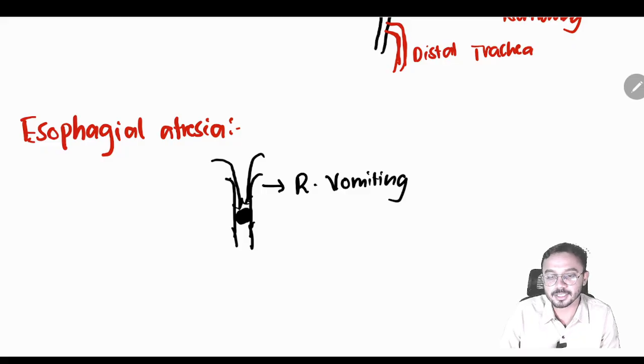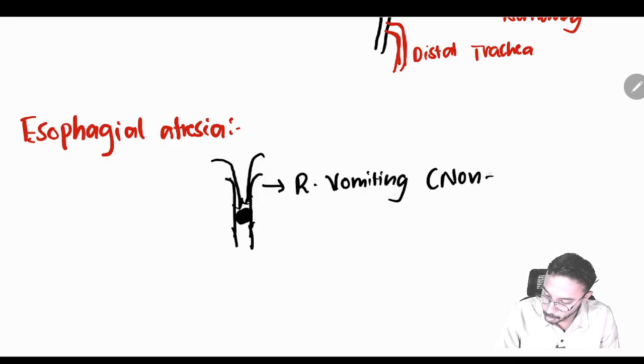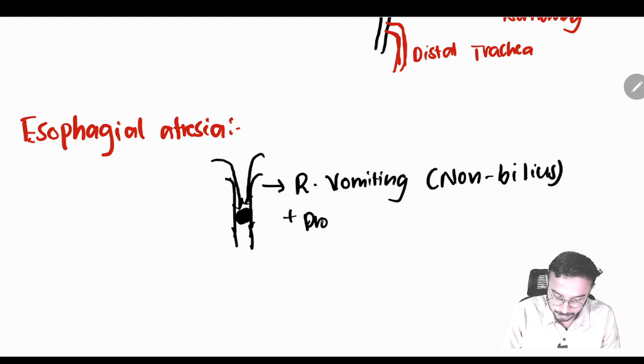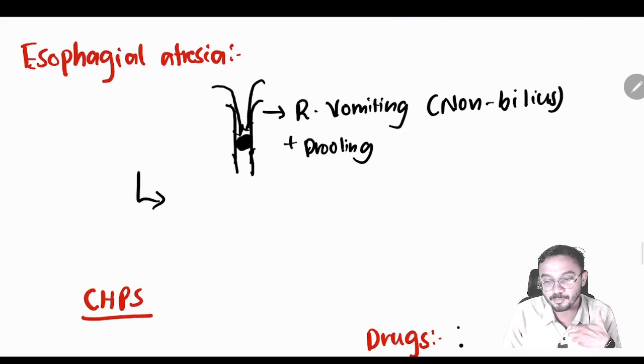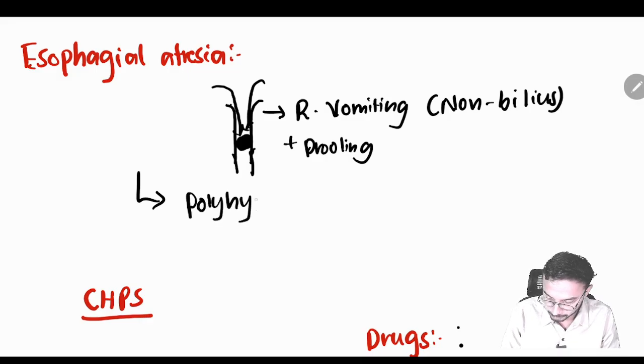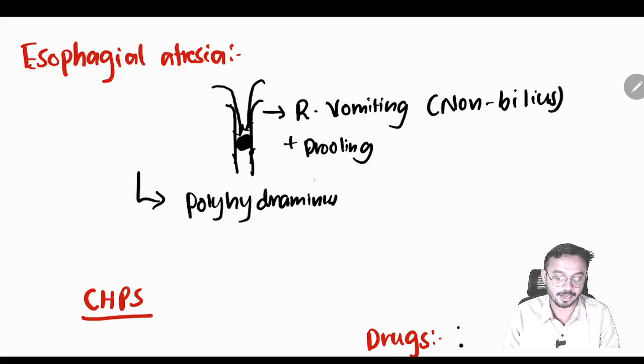There is a narrowing present, so the feed cannot go further, that is why there is vomiting. Is this vomiting bile stained? No, this is non bile stained, that is non bilious. And drooling is present. In all these conditions the mother has a history of polyhydramnios. So this is about esophageal atresia.